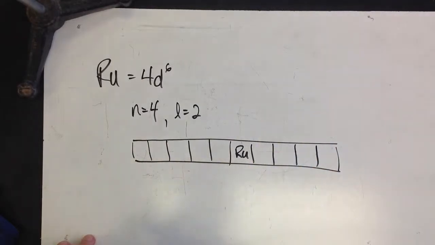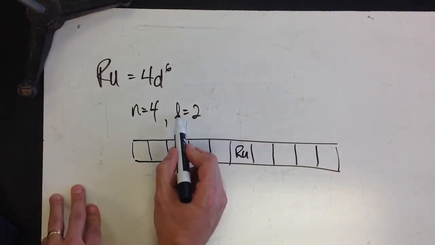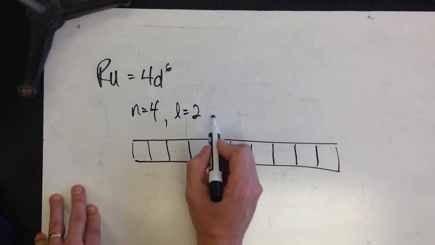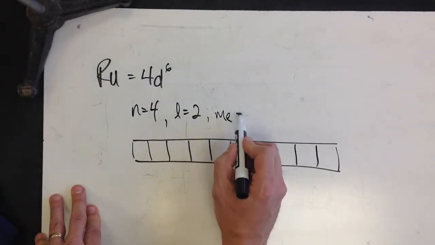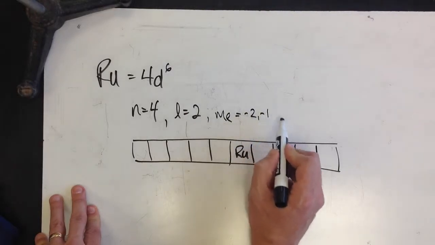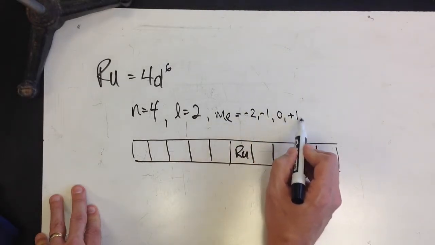Now, what else this block corresponds to, because this is the D orbital, or L equals 2, that means ML could have values of -2, -1, 0, +1, +2.